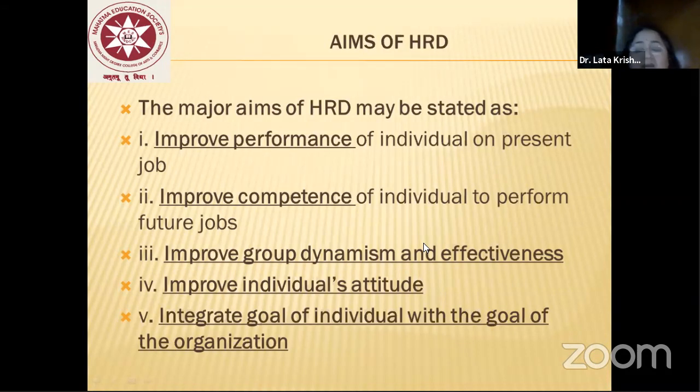And whatever job satisfaction they want from the role they are playing, they should achieve. Therefore, there has to be integration of the goal of an individual with the goal of the organization. If this doesn't happen, the employees are unhappy. Either the employee leaves or the company sacks the employee.